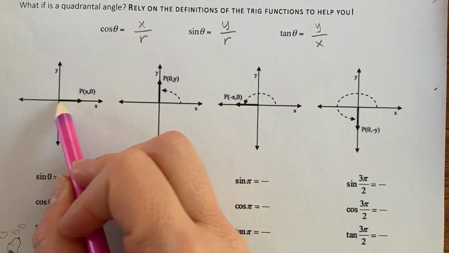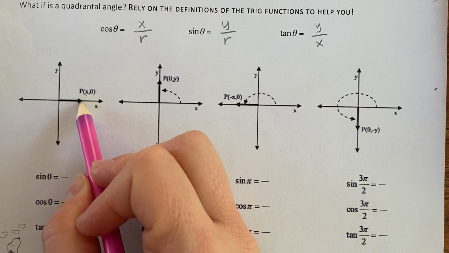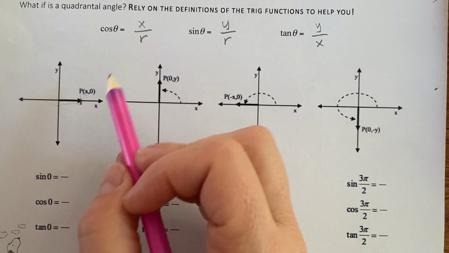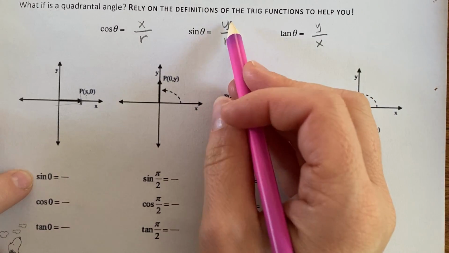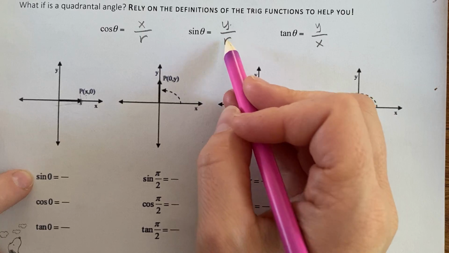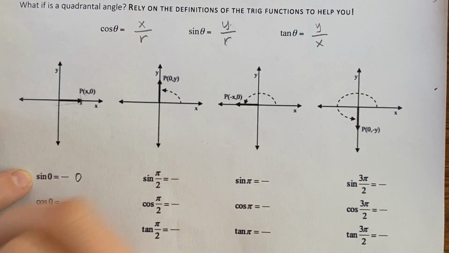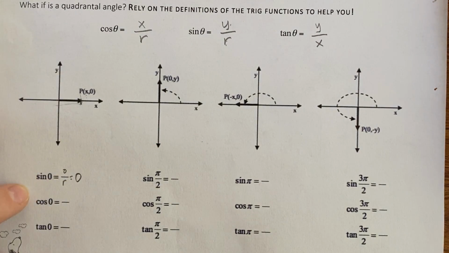If we know that this angle here is x, or a point on that angle is x up 0, then what would be the sine? The sine would be y over r. Y is 0. It doesn't matter what r is. The sine is 0. 0 over r equals 0.